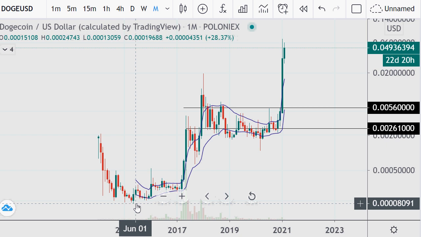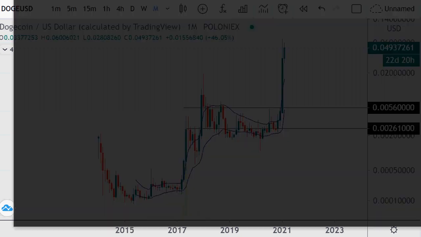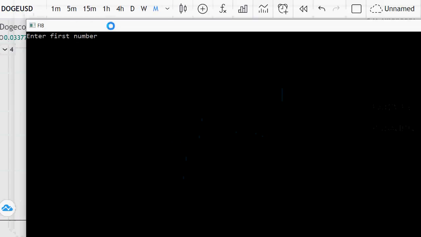Let's do some Fibonacci again. We have a low of 8,774 Satoshi on the number, so 4 zeros, 874. I'm just going to work with 6 decimals and make this number 87.